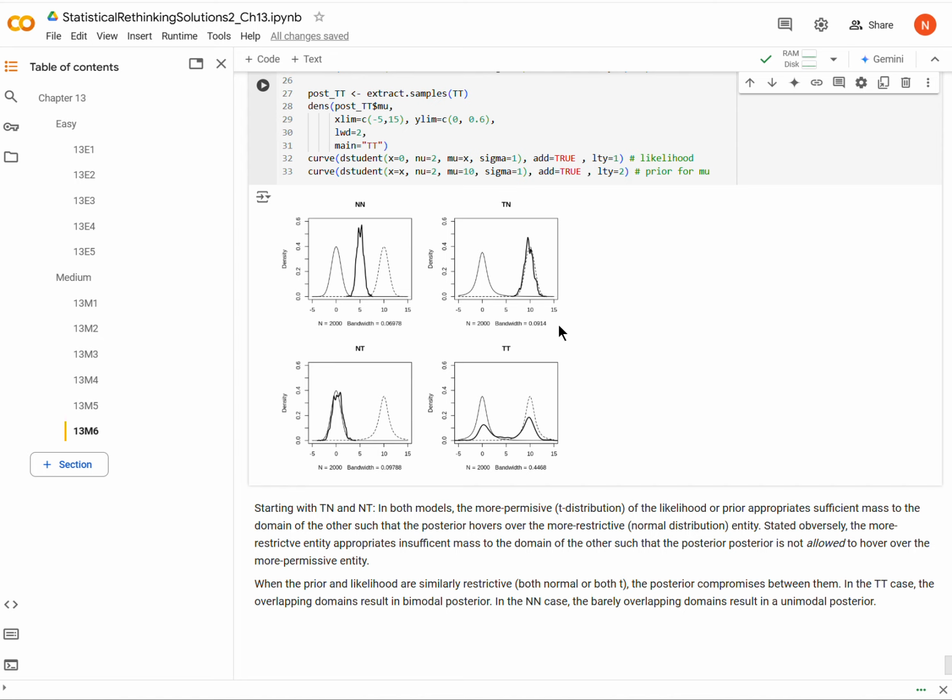Conversely, if we have more restrictive priors on our model, then the data will not have as much of an impact. Now, if we were to have a lot of data here, this is just one data point. So let's take this t-normal model where all the probability mass stays over the prior. Well, if we had lots and lots of data, then the posterior would eventually be overwhelmed by how much data you had, and the posterior would shift towards the likelihood. But okay, anyway, I think I've said enough here.